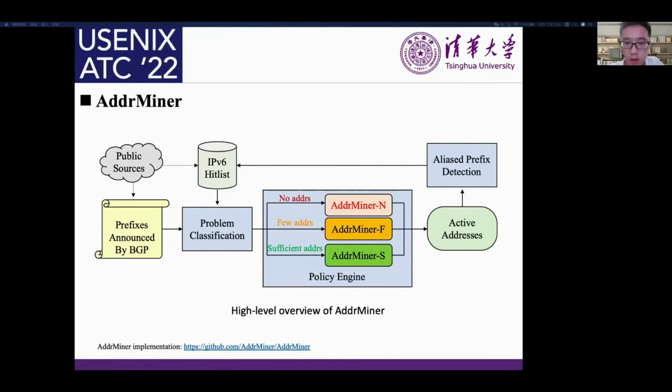For announced prefixes with no seeds, we present AddrMiner-N, which uses the organization association strategy to select candidate patterns to probe for active IPv6 addresses.